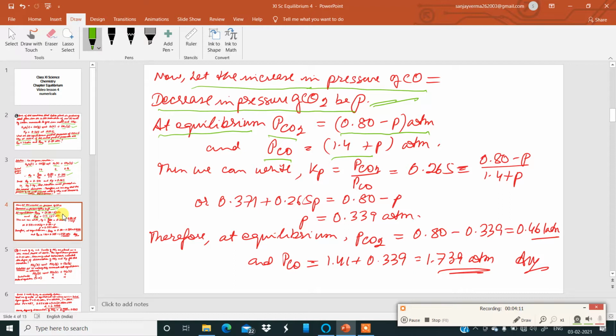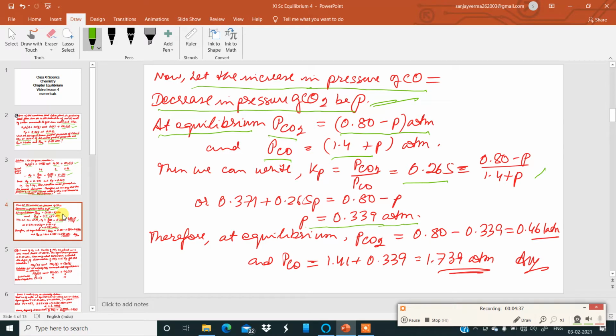Thus, we can write Kp as partial pressure of carbon dioxide divided by partial pressure of carbon monoxide. It is coming to 0.265. So, this 0.265, which is already given in the question, is equal to (0.80 minus p) divided by (1.4 plus p). Upon simplification, the value of p, the increase in pressure, is coming to be 0.339 atmosphere.